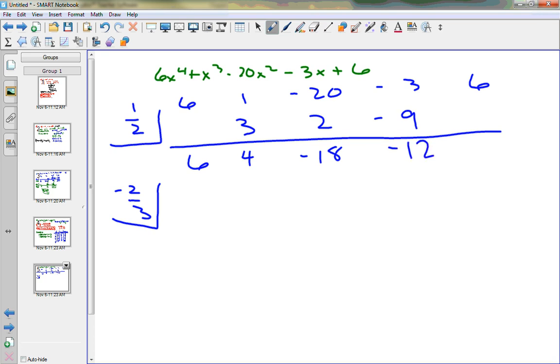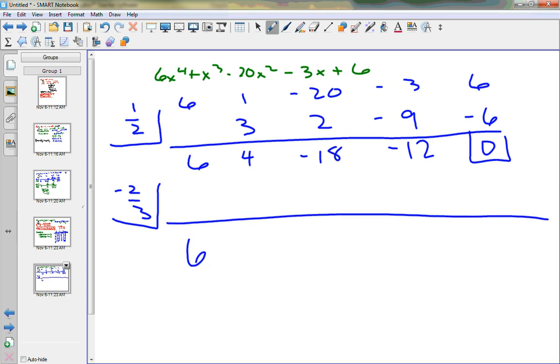Negative 12, half of that gives me negative 6 to give you 0. Do it again. 6 divided by 3 is 2 times negative 2 is going to be negative 4. This gives me 0, negative 18. Half of that's going to be 6 times 2 gives me 12 to give me a 0.